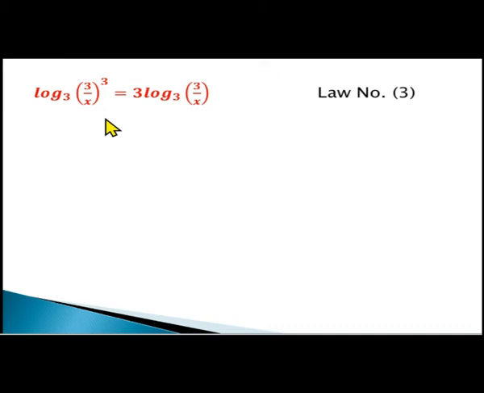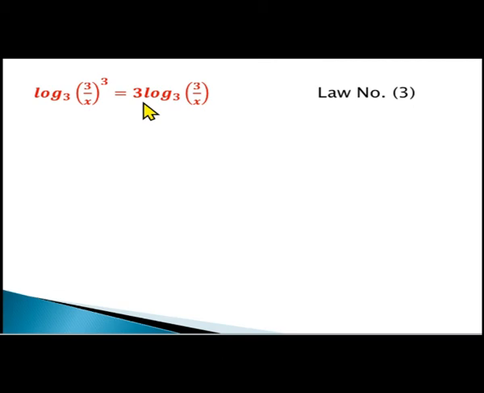Since we are going to expand, for division we will use subtraction. For this exponent, we will use law 3. Law number 3 of logarithm states that if you have an exponent, you bring it down and write it before your logarithm.